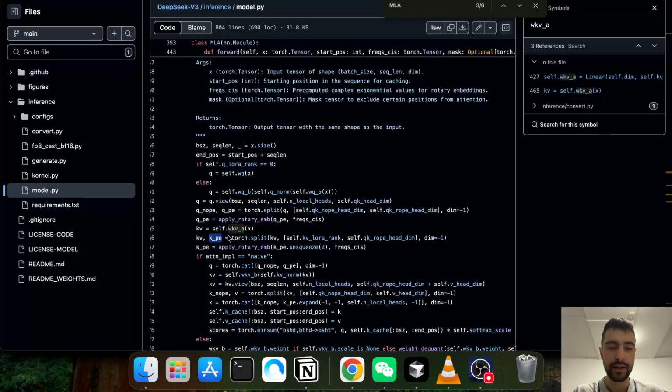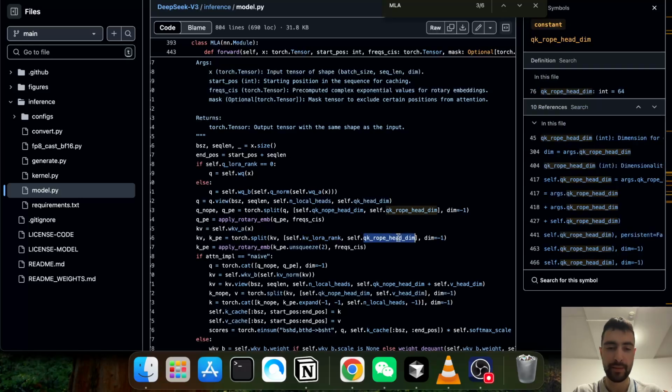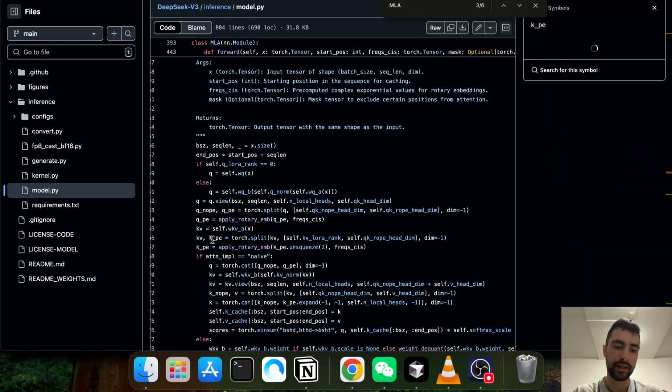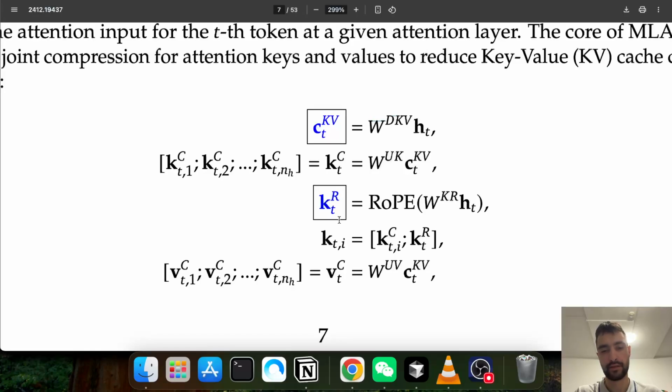As you can see here, after they split the output by KV LoRa rank and QK rope head dimension into our latent vector and key with positional embedding, then they apply rotary embeddings to this key with positional embeddings, and then they get the actual key with positional embeddings.